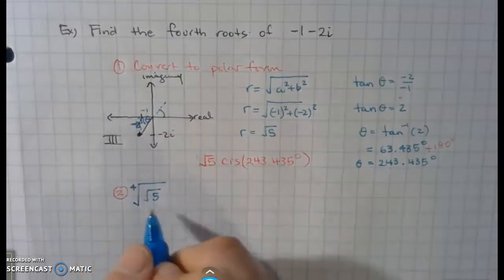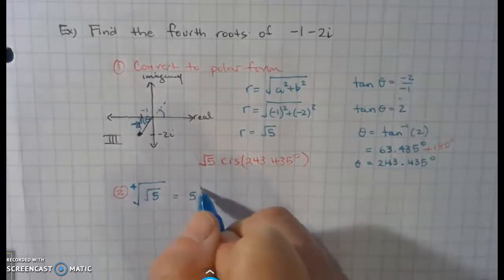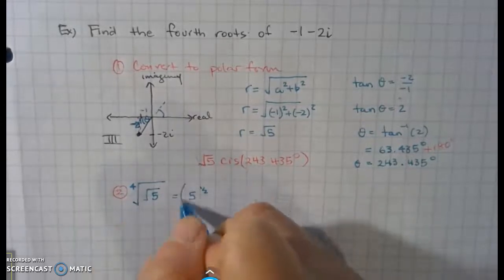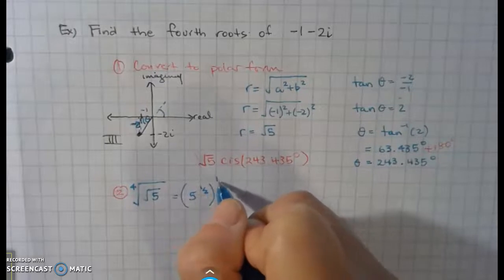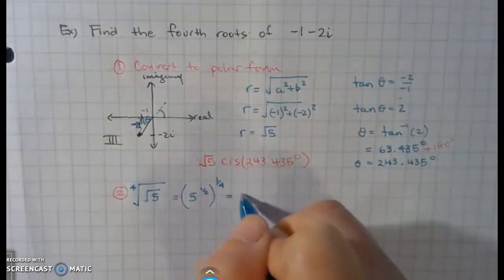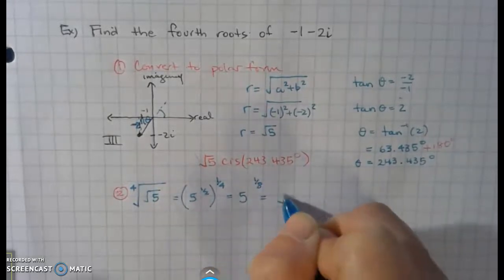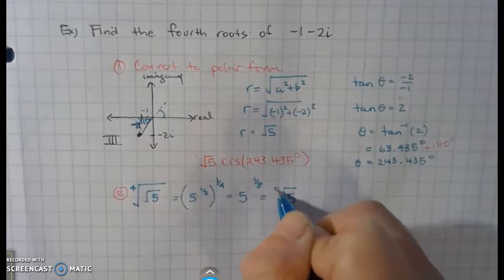The square root of 5 is really the same as 5 to the power of half, and taking the 4th root of that is the same as 5 to the power of 1/8. Or we can write it as the 8th root of 5.